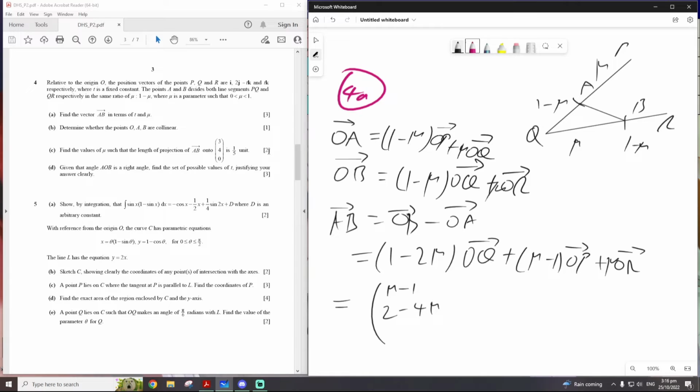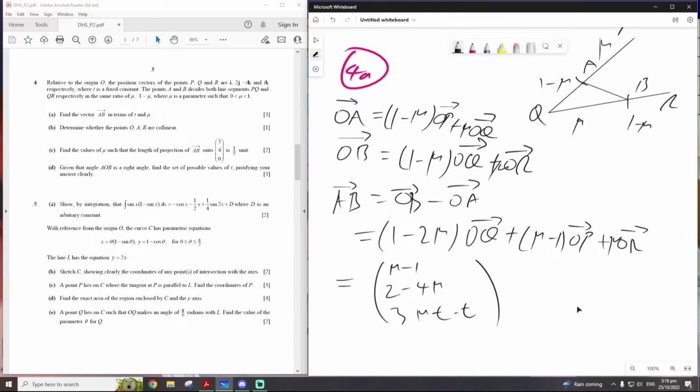And finally, the k component is dependent on Q and R, so you get (2 mu minus 1) t and mu t. So you basically get 3 mu t minus t. Yeah, it's a bit messy, but that's it.